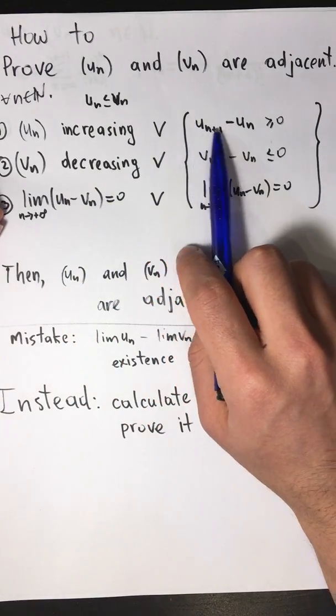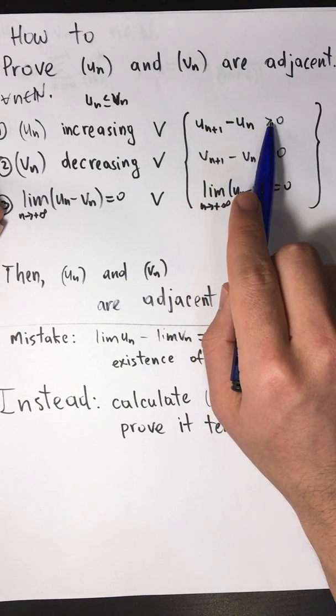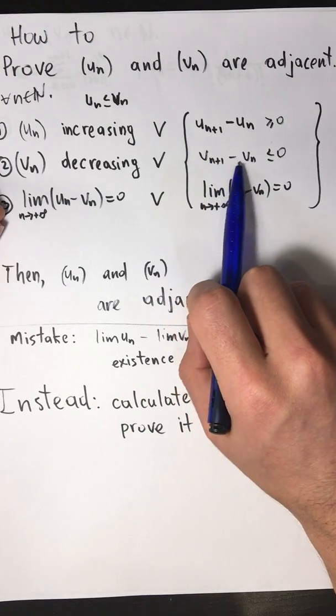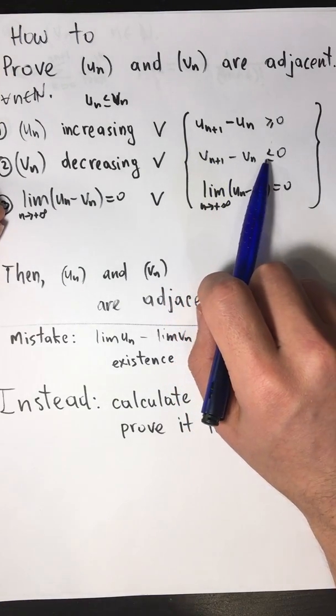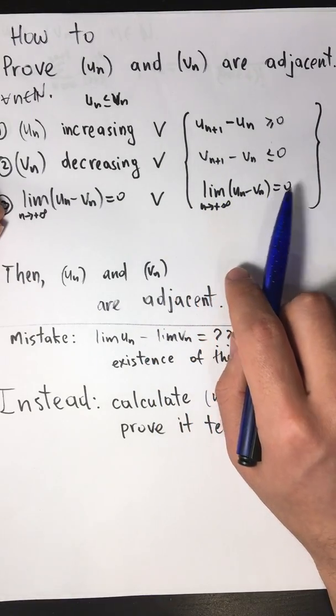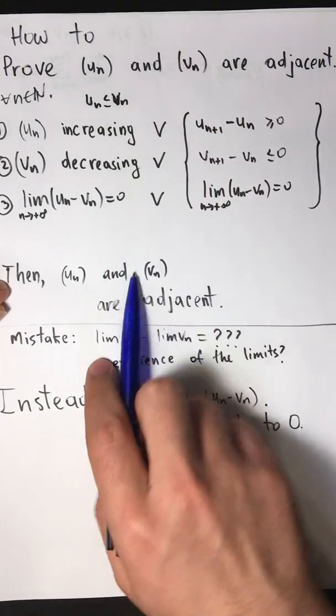And how do you prove it's increasing? You check Un plus 1 minus Un, it must be more than or equal to 0. And you check Vn plus 1 minus Vn, it must be less than or equal to 0. And you check the limit of Un minus Vn, it must be 0. And then you decide Un and Vn are adjacent. This is the main idea.